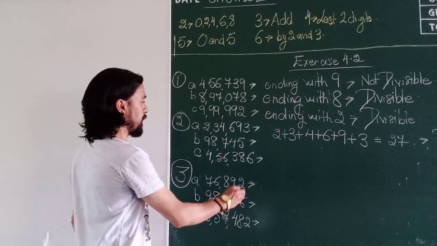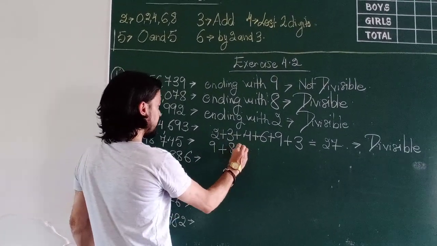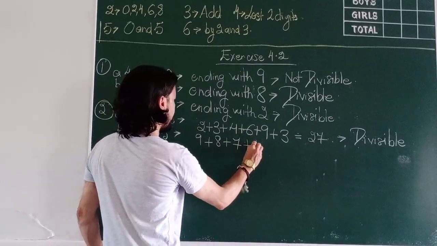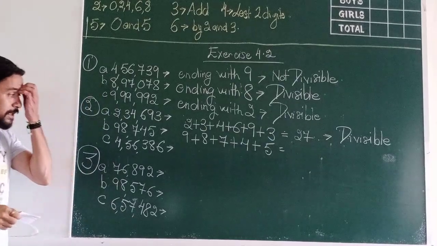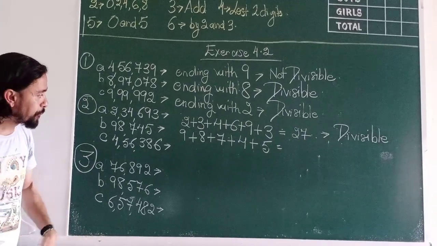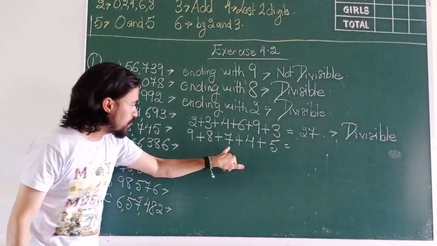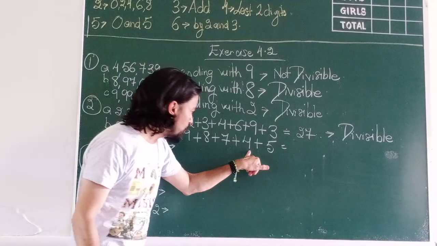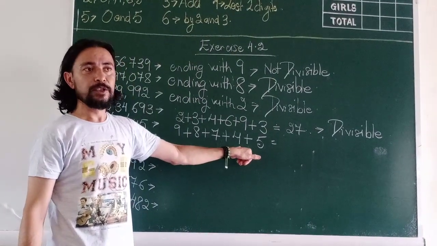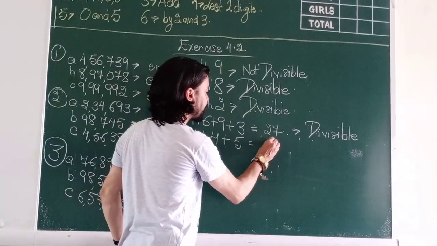Let's go to the next one and add them. So I have 9, to which I have to add 8, add 7, add 4 and add 5. Now let's see what answer I get here. 9 plus 8 is 17. 17 plus 7 is 24. 24 plus 4 is 28 and 28 plus 5 is 33.